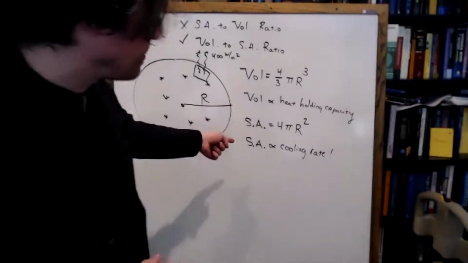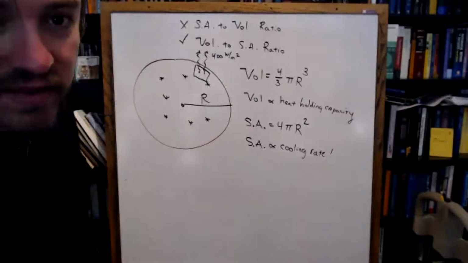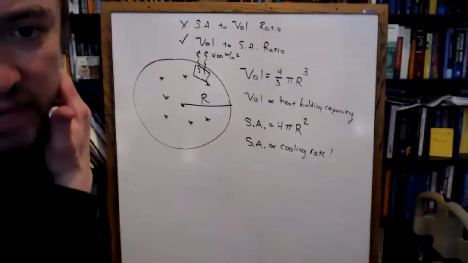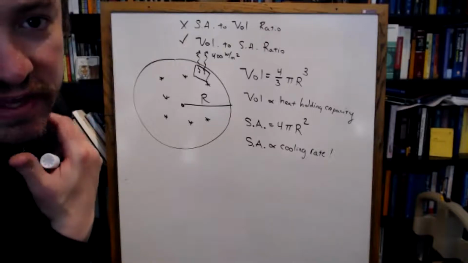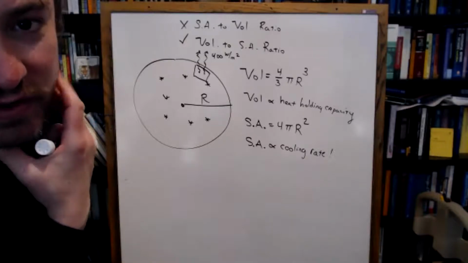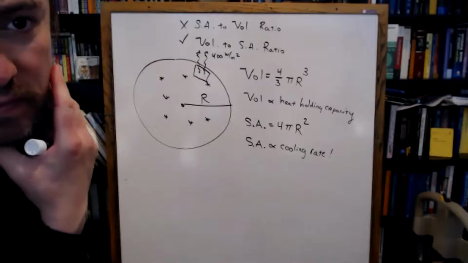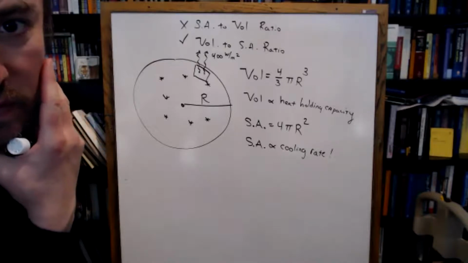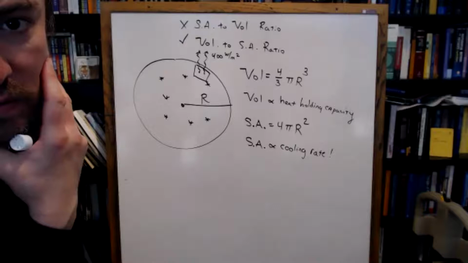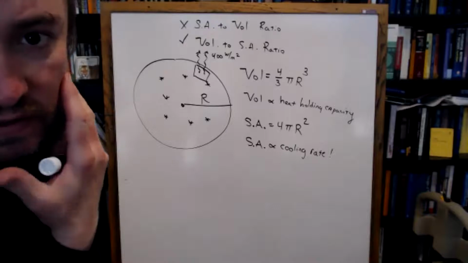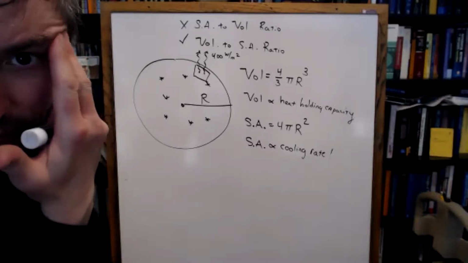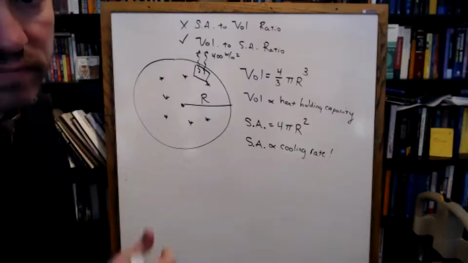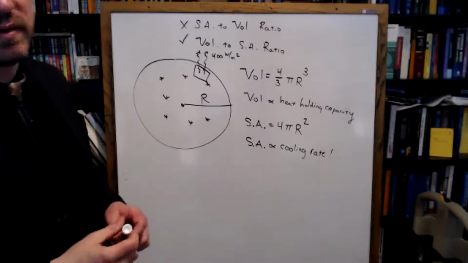Both volume and surface area scale with radius. As a planet gets bigger, which one of these things is going to grow faster, the volume or the surface area? Volume. Sorry, Jace? Is it volume? Yeah. Why?